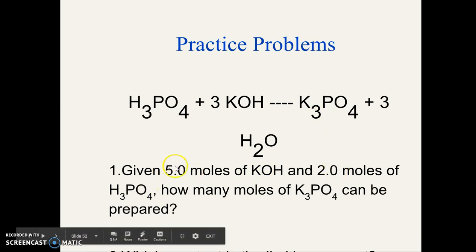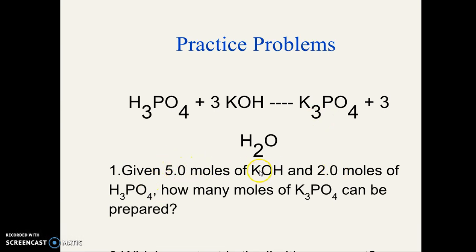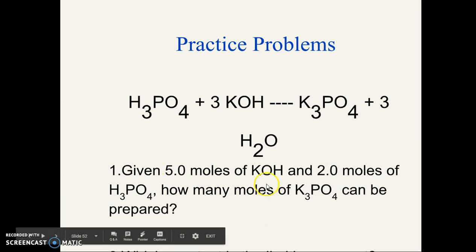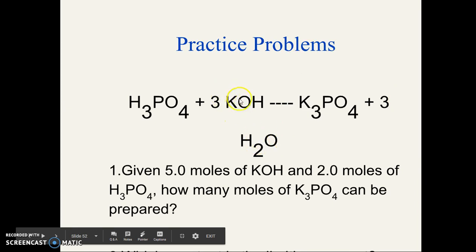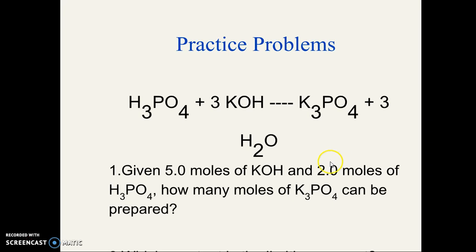So 5 moles of KOH, and my mole ratio is going to be 3 on the bottom, 3 moles of KOH to every 1 mole of K3PO4, so 5 divided by 3. If you solve that, you end up with 1.67 moles. So with the 5 moles of KOH, I can make 1.67 moles of K3PO4.